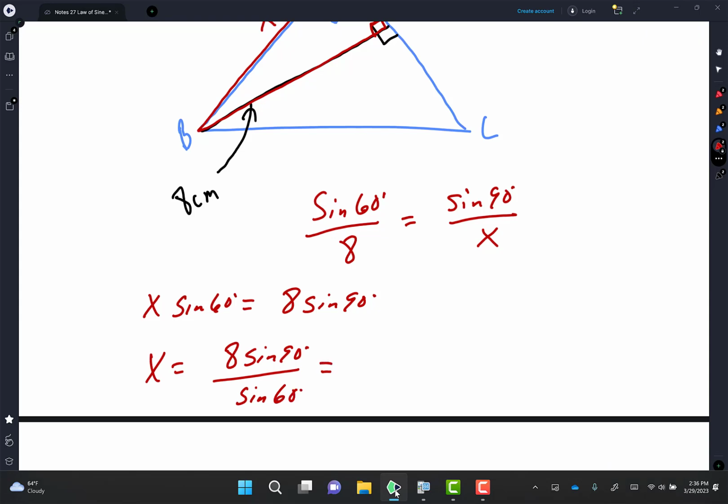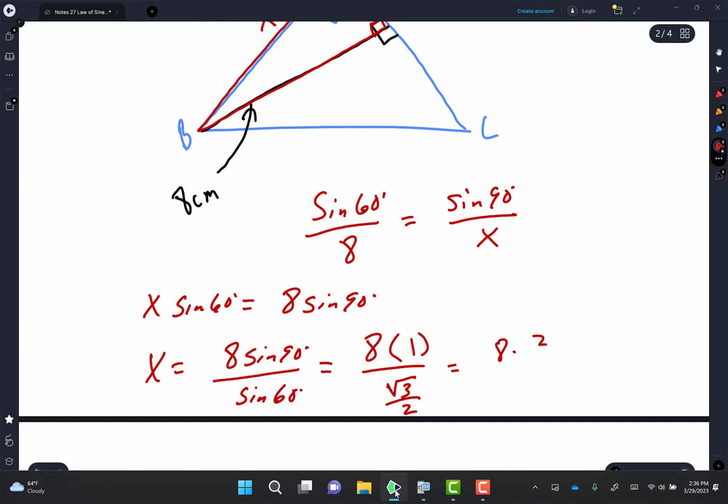With no calculator, let's see. 8 times sine of 90 degrees is 1, over, what is sine of 60 degrees? Square root of 3 over 2. Good job. Keep, change, flip.